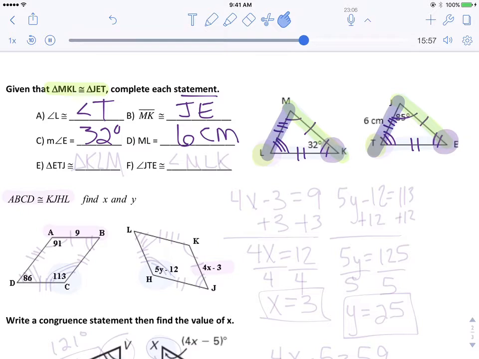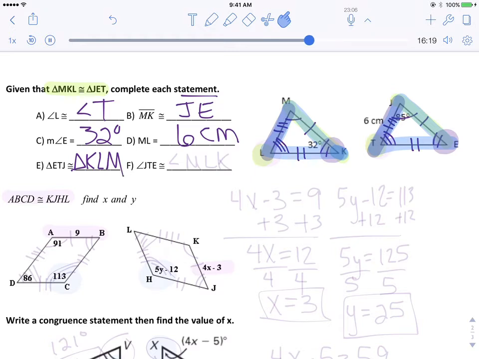So the way that we're flowing around this triangle, ETJ, like that, means that it's going to be congruent to KLM. So we're going to write triangle KLM.